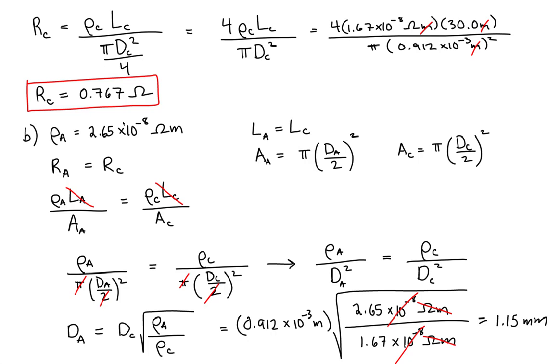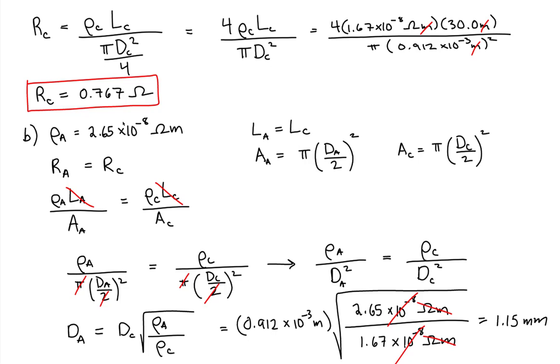Now let's see if that makes sense. This is saying that the aluminum wire has to be thicker than the copper wire in order for it to have the same amount of resistance. Now that makes total sense because remember, resistance is inversely proportional to the diameter squared and directly proportional to the resistivity.